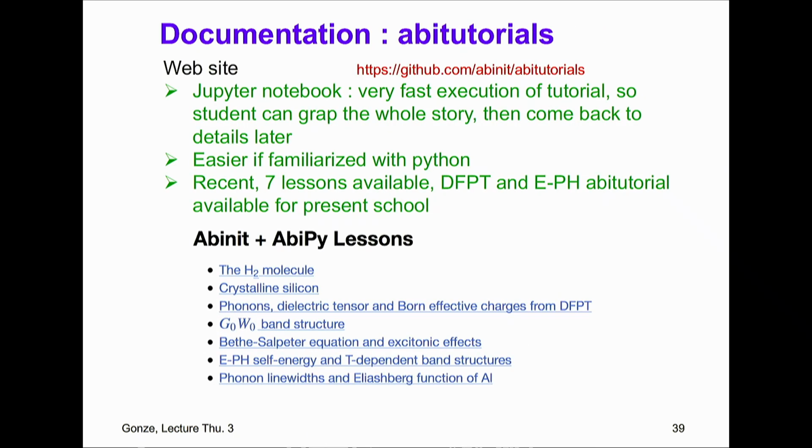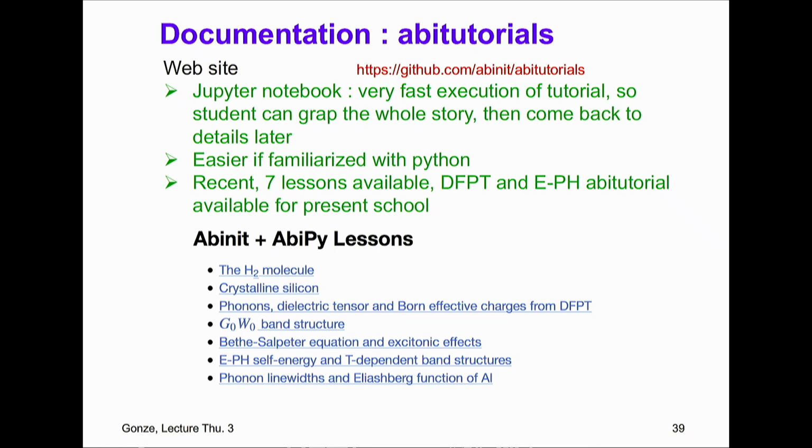Okay, at this stage, yeah, I will still show you this before making an example. So the abitutorial, the website is here, is based on Jupyter Notebook. Very fast execution of the tutorial, so you can simply read and you make a click, you execute ABINIT.